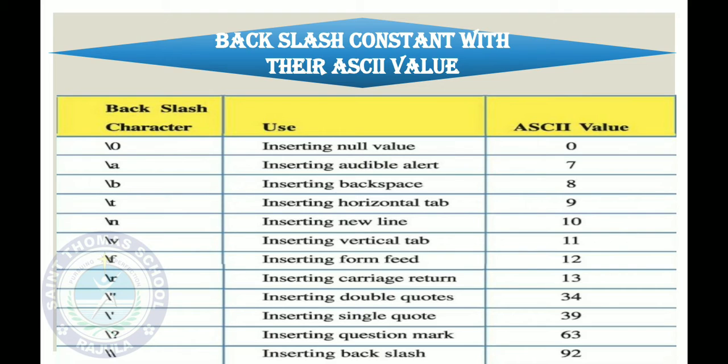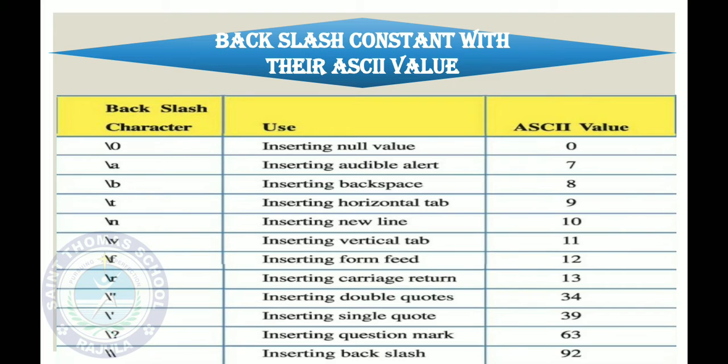Then \b is to insert a backspace. If you want to remove something, the backspace key will not work here. Okay students, you have to remember this backslash character: if you want to go back one letter, you have to use \b. The ASCII value is 8.